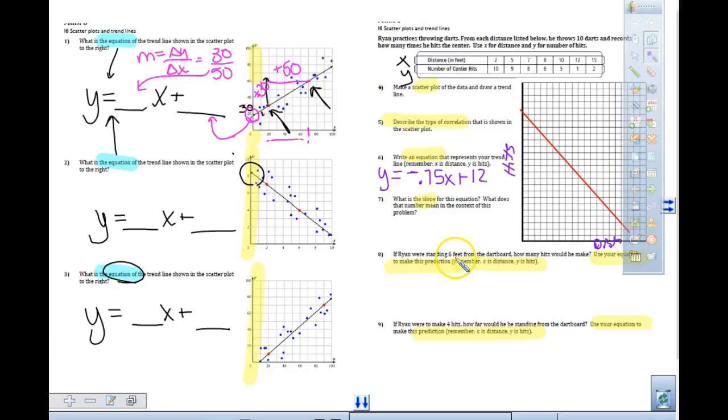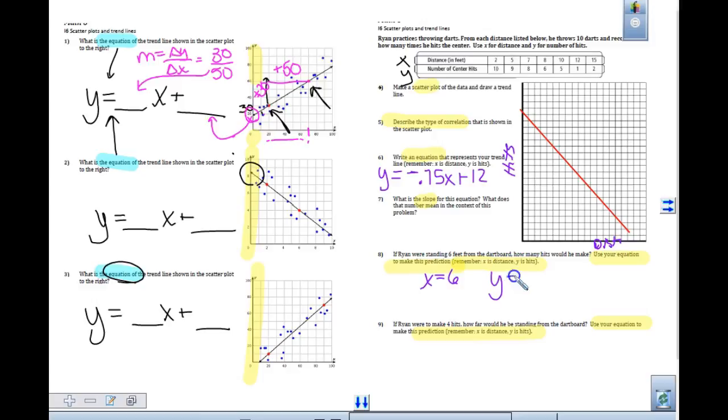Question 8 says, what if you're standing 6 feet away? Is that the x or the y? That's the x. So what I need to see is when x equals 6, and then it says, use your equation. This is where there was a bunch of you. I walked around and I said, it's really great you got an answer, and you could look at that graph and go up and find that, but on the test, you have to use the equation. So her equation was negative 0.75 x plus 12.